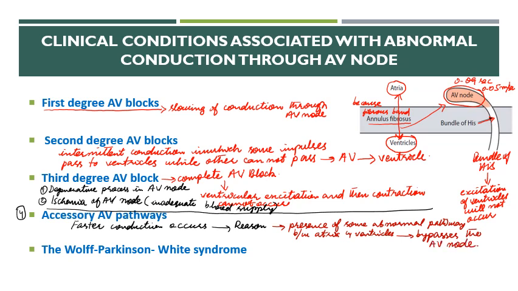The example of such accessory conduction pathway is Wolff Parkinson White syndrome, in which a bypass track basically of myocardial muscle fibers exists congenitally.